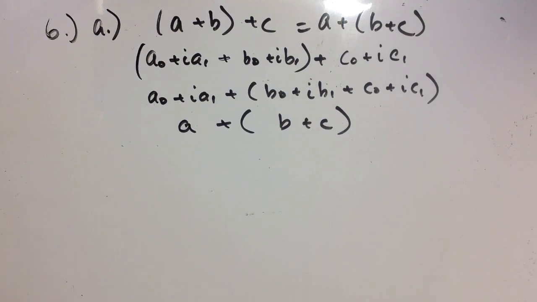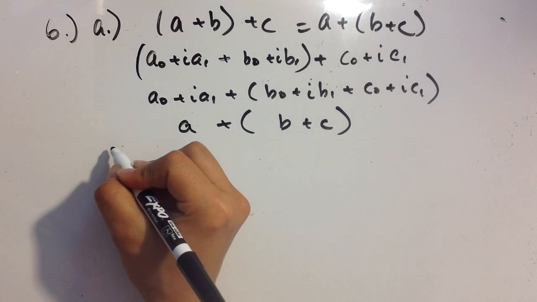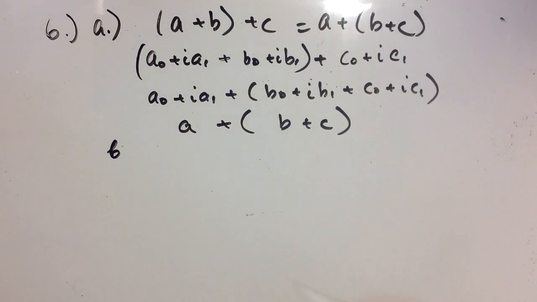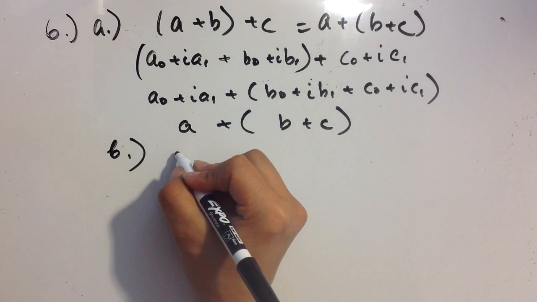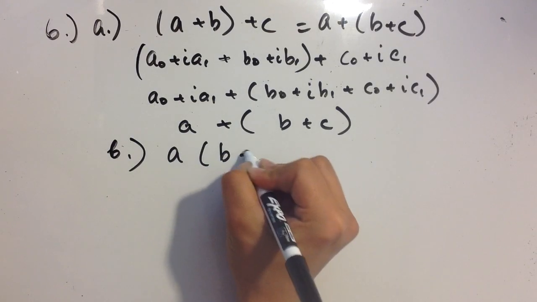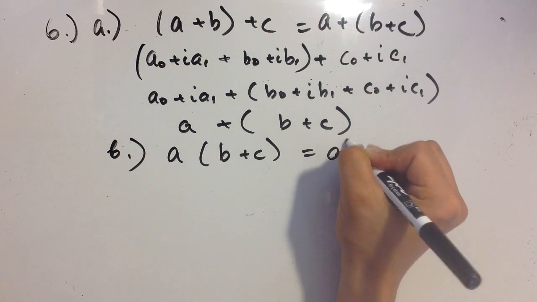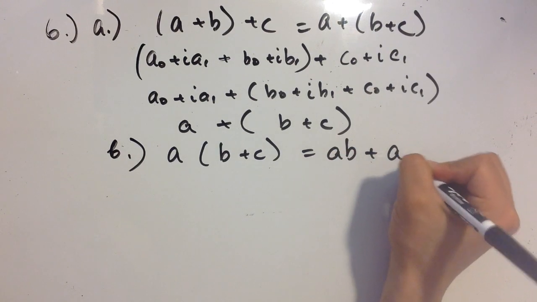This proves the relation. For part B, we are asked to prove the distributive law. So we have that a(b plus c) is equal to ab plus ac.